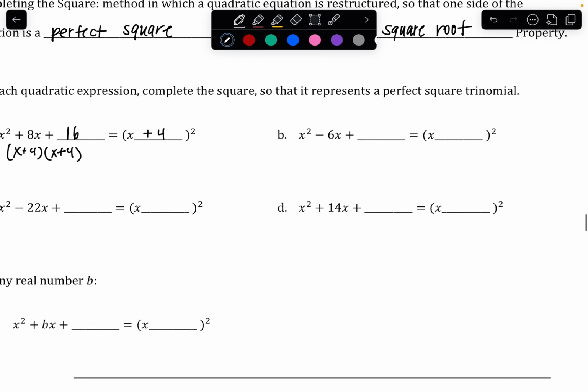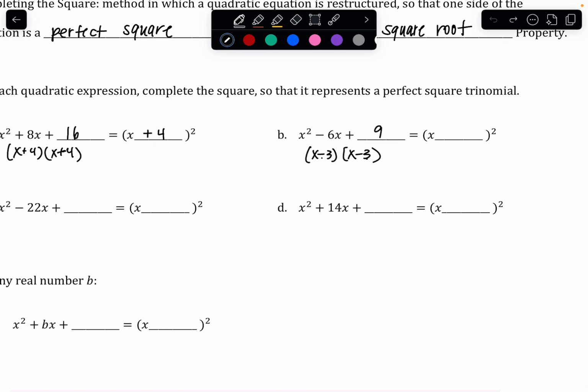Okay, for the x squared minus 6x, if I put a, let's see, 9 here, this would factor to x minus 3, x minus 3. Because negative 3 times negative 3 is positive 9, but negative 3 plus negative 3 is negative 6. And so I could write this as x minus 3 squared.